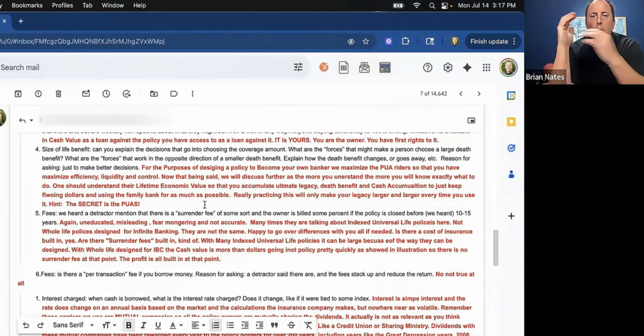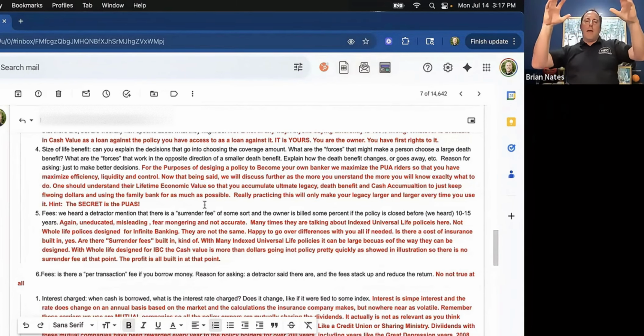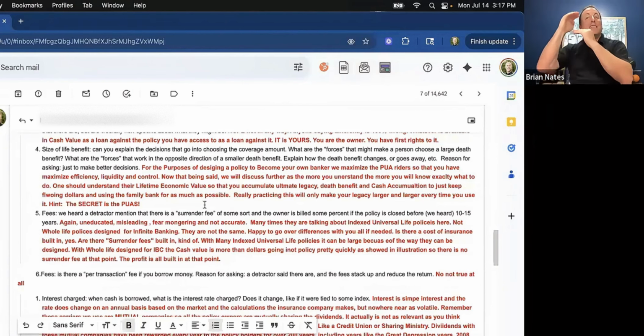an accumulation? So if you can get your lifetime economic value in the form of a death benefit, where the cash value, like I showed you, actually matches that, or close to matches that, and you use all of it, great, right? Let's just, for argument's sake, say you have this cash value that's building up.